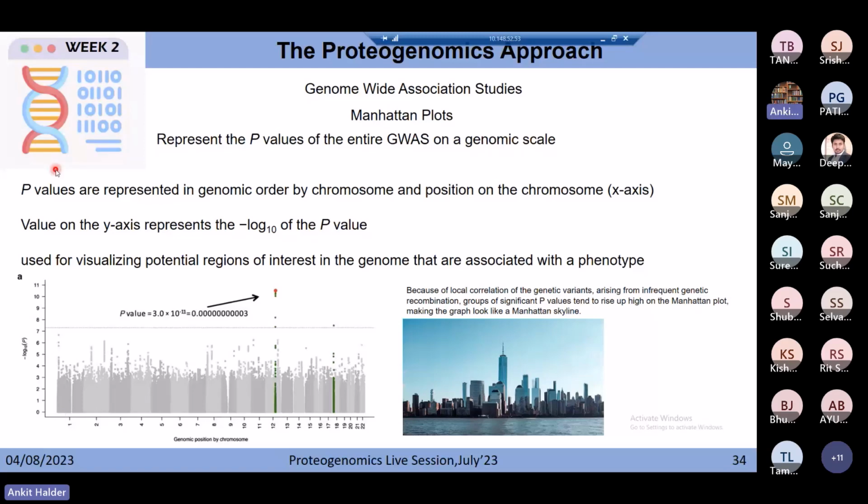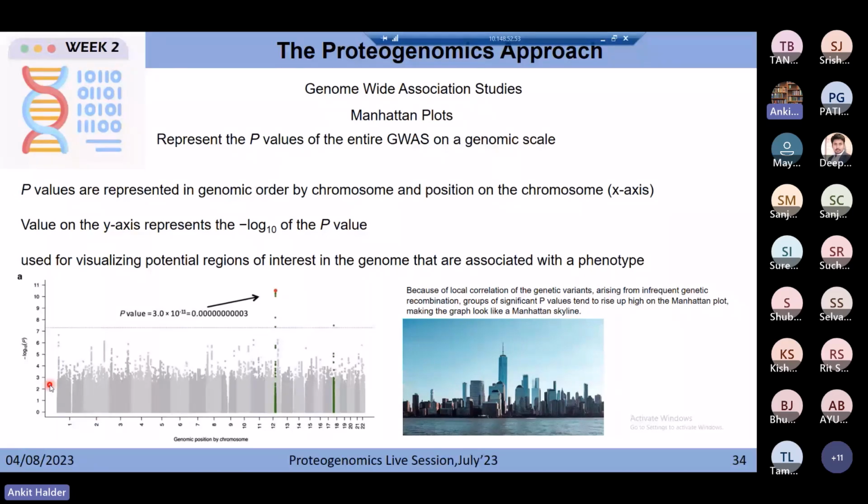You will find the p-values, take the minus log 10 of the p-values, and plot them, with the chromosome genomic position by chromosome on the x-axis, and the p-values on the y-axis.